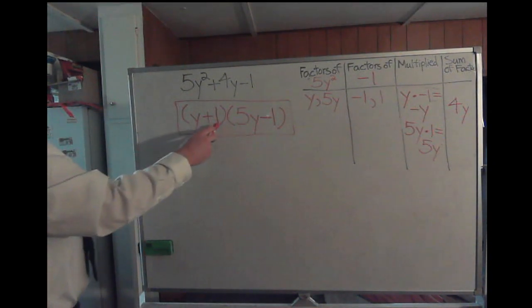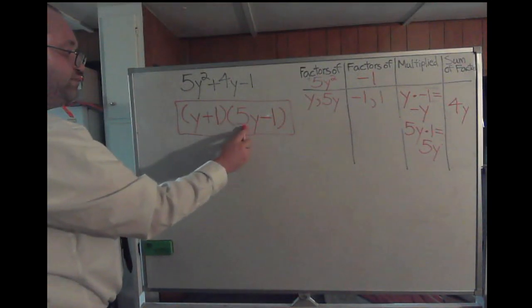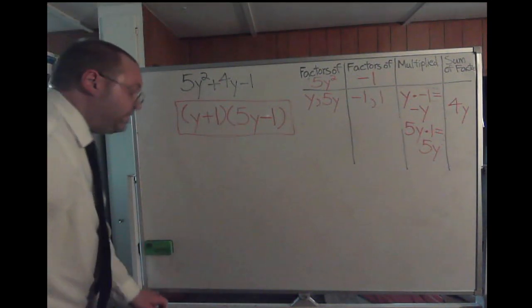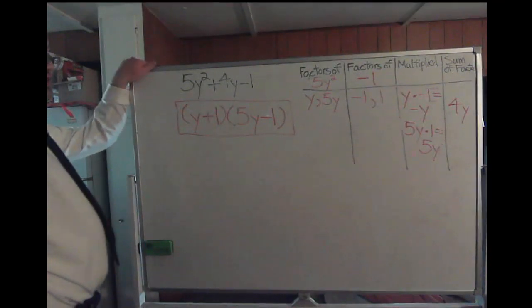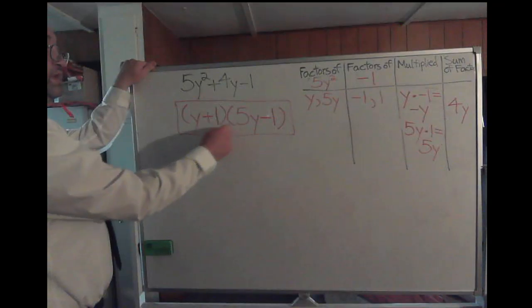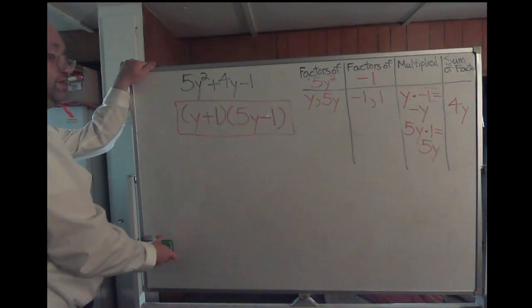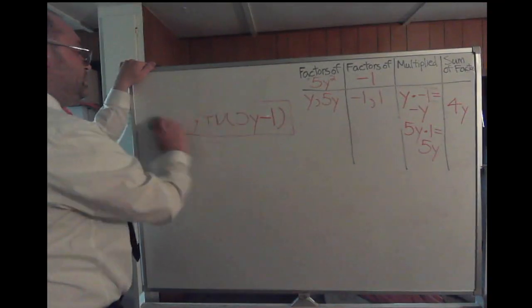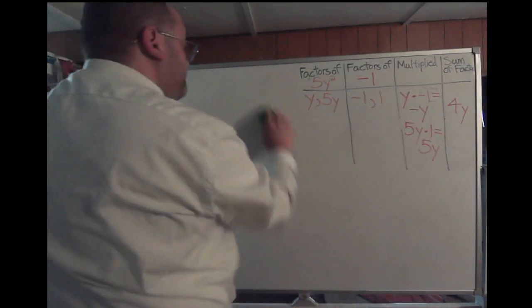And if you go to FOIL this out, the middle terms, you'll get 5y, then minus y, you would get 4y. It's all about that middle term in the end. So that's how we arrived at the quantity of y plus 1 times the quantity of 5y minus 1. Alright.